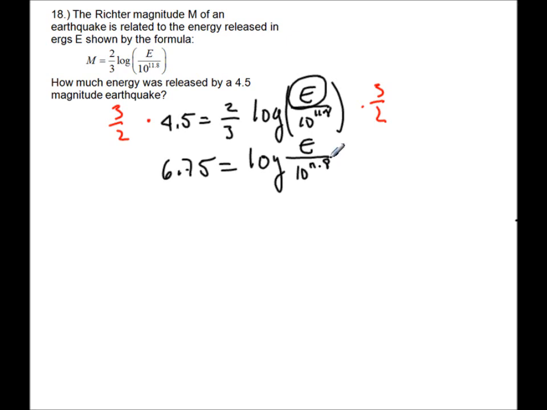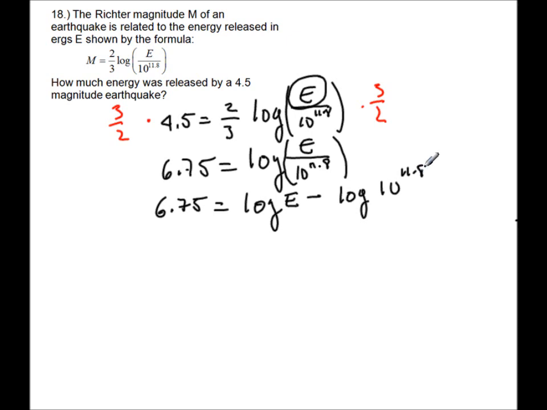Now, we remember how to do these problems because what I can do now is physically separate this into two logs. And so I get 6.75, and I'm using the properties. So then it's going to be log E minus log 10 to the 11.8. Okay, so now we can do some more manipulating. What do we know?